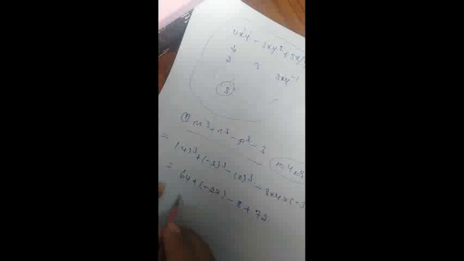It means 4 threes are 64, plus 27. Then 2 to the power of 3 means 8, plus 2 into 3 into minus 3 to the power of 2, we can get 72 as the answer. Then 64 minus 27 minus 8 plus 72, we get the equation.